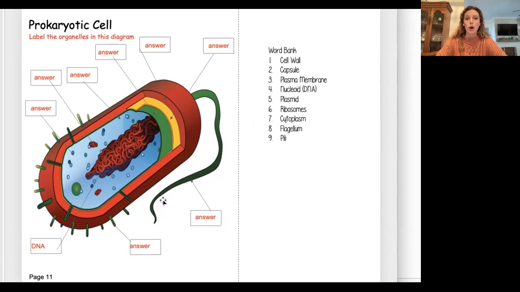Prokaryotic cells, in order to move, have two basically like propellers to help them move. One of them is the flagella. It looks like a big flag. Flagella is like a flag, and it acts like a little propeller, just like a boat motor in water, and you just go through the water.